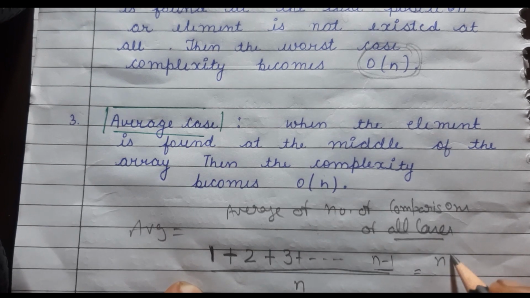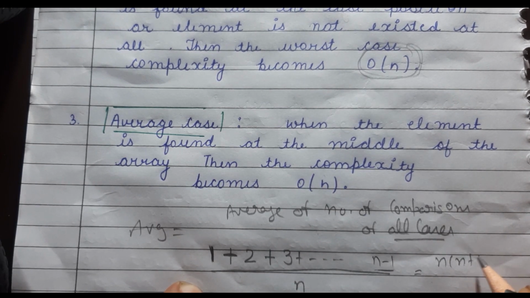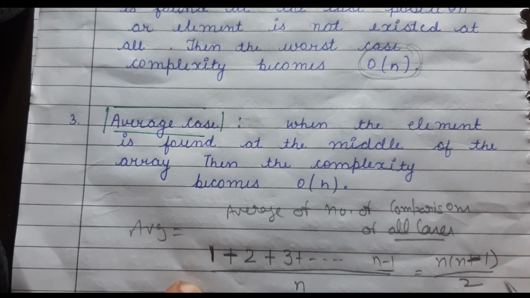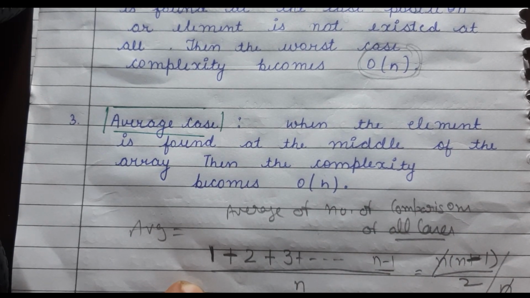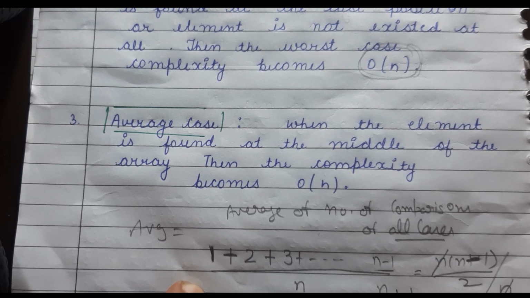The formula is n into n plus 1 divided by 2. Then it is divided by n, so this n is divided by this n. Again it becomes n by 2 plus 1 by 2.